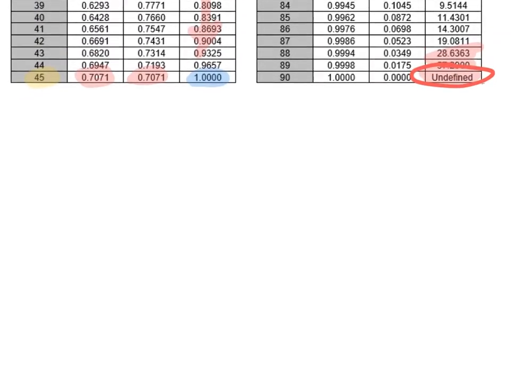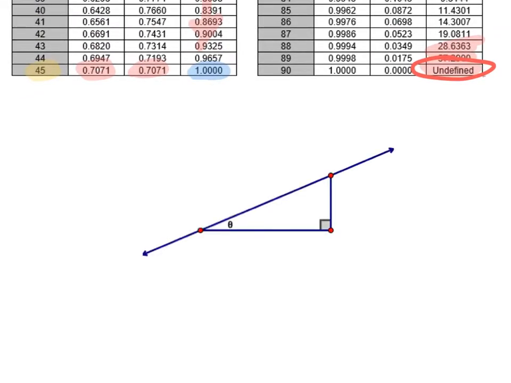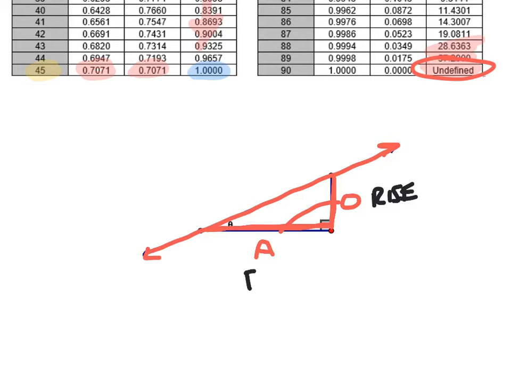So let's put this away for a minute. So tangent represents an opposite over an adjacent. Now the reason I've drawn this this way is because I want you to relate this to something that you would have done in an Algebra 1 class with something similar. This ratio of opposite to adjacent is very similar to something you did when you did rise over run.